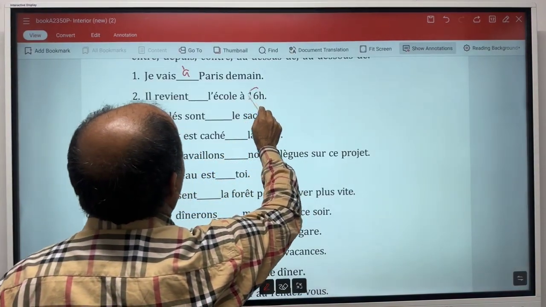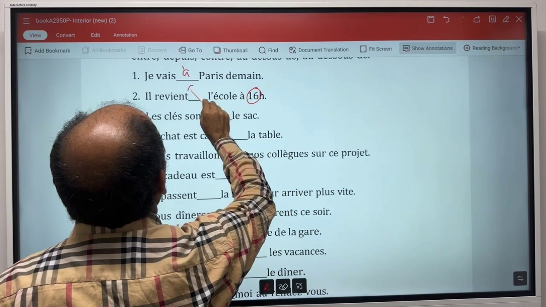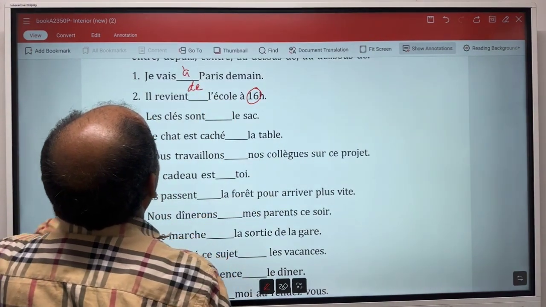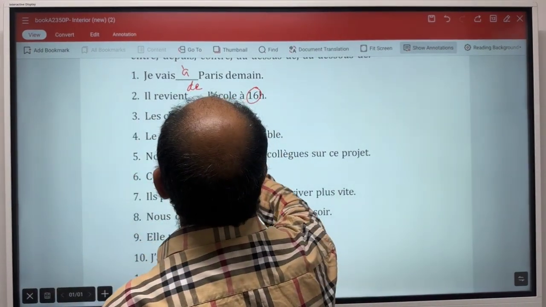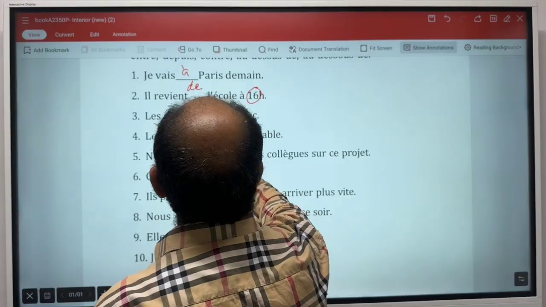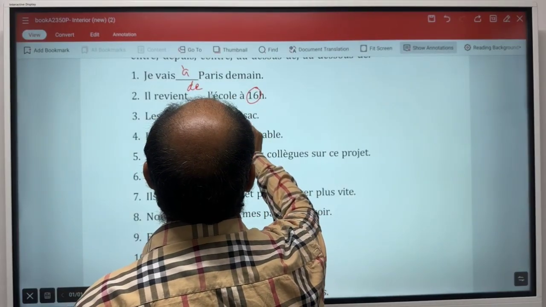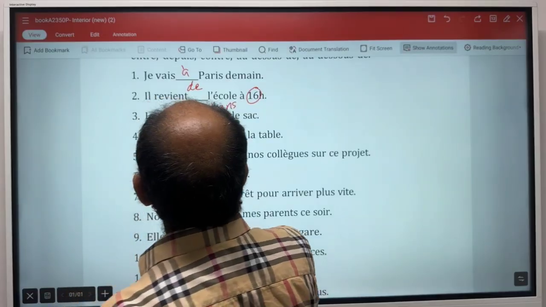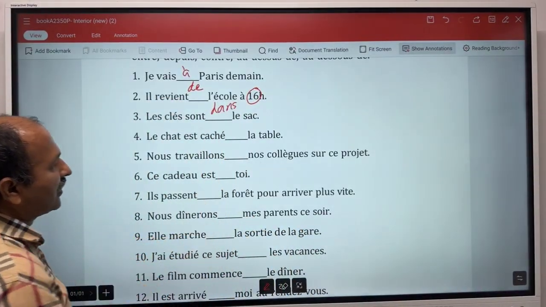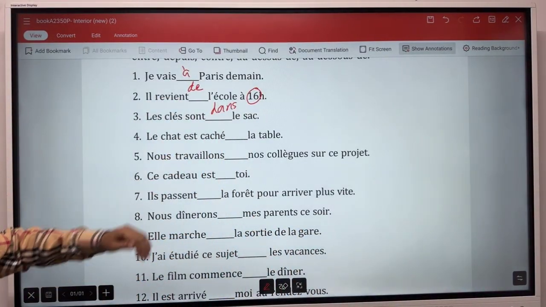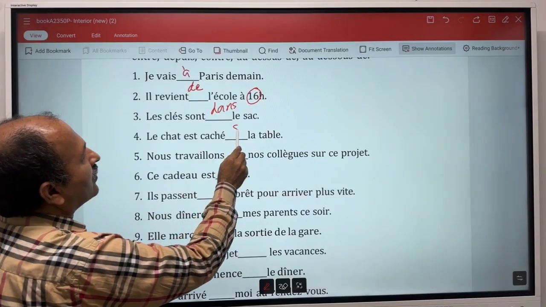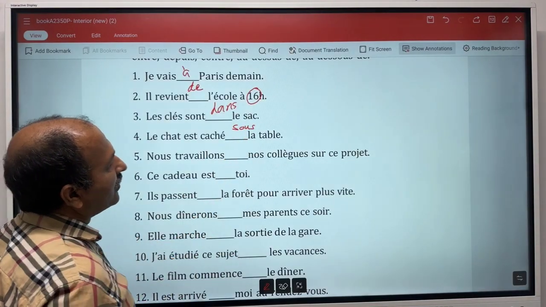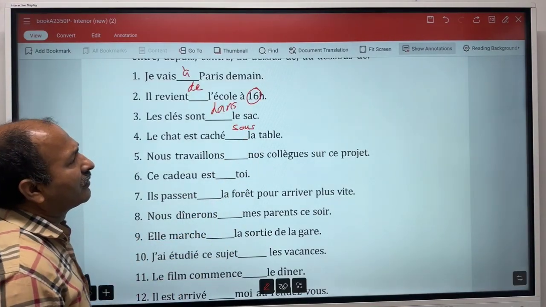Les clés sont dans le sac. The keys are in the bag. Le chat est caché. The cat is hidden. Sous la table, under the table.